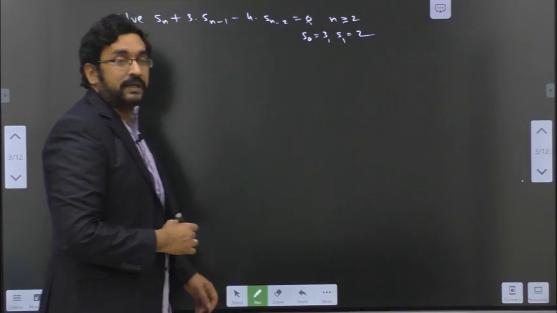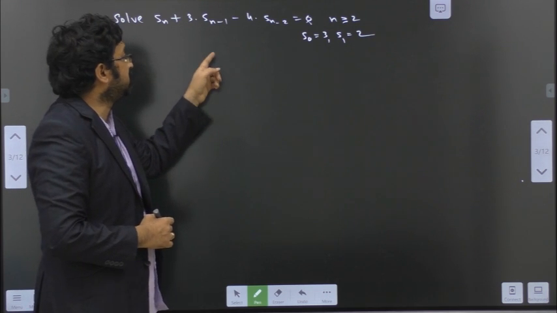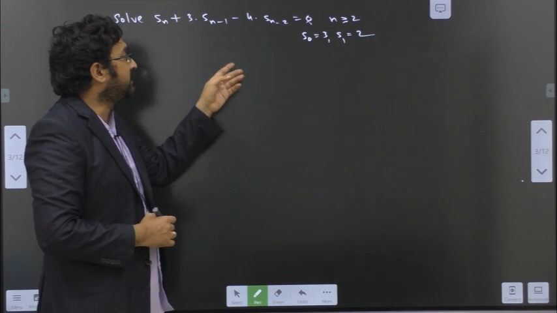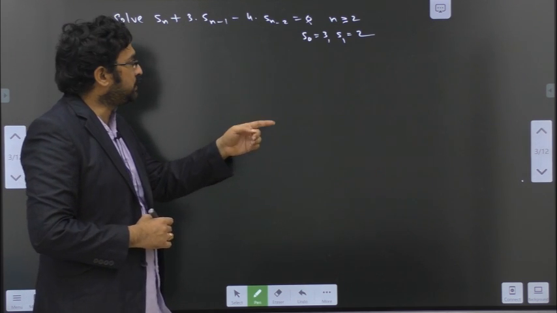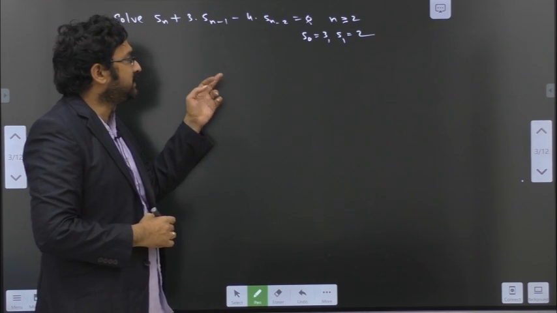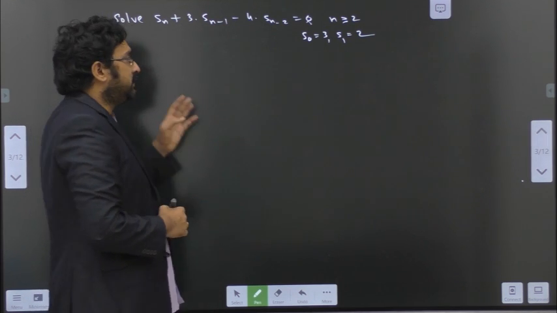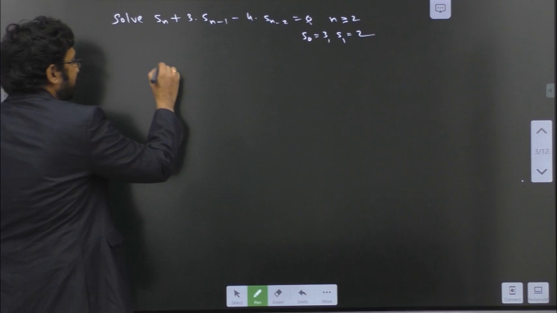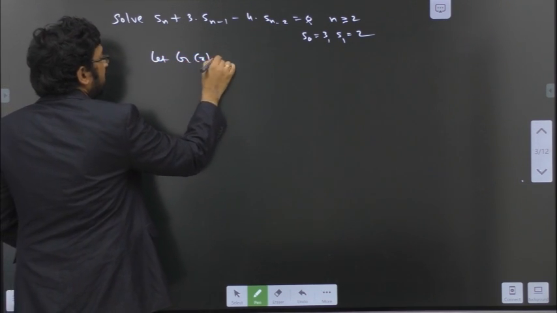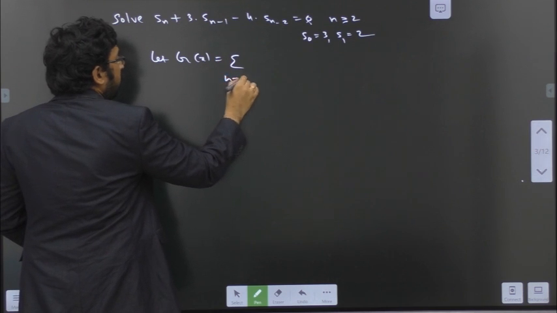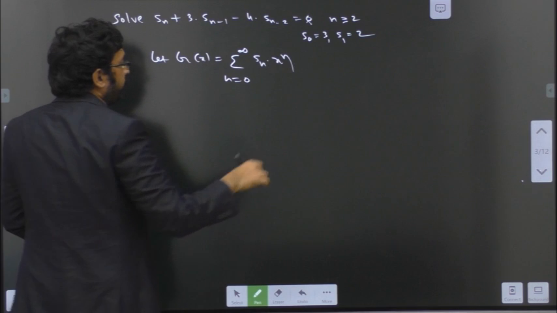So solve the linear recurrence relation S_n plus 3 into S_(n-1) minus 4 into S_(n-2) equal to 0 for n greater than or equal to 2 and with initial conditions S_0 equal to 3 and S_1 equal to 2. For this we have to solve. So as usual, we will assume g of x equal sigma n equal to 0 to infinity S_n into x power n.